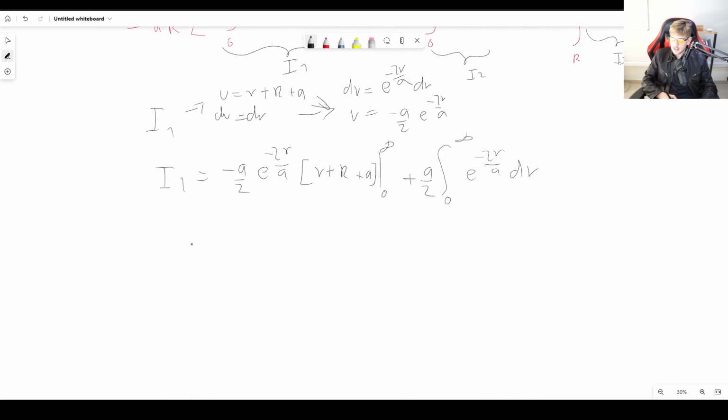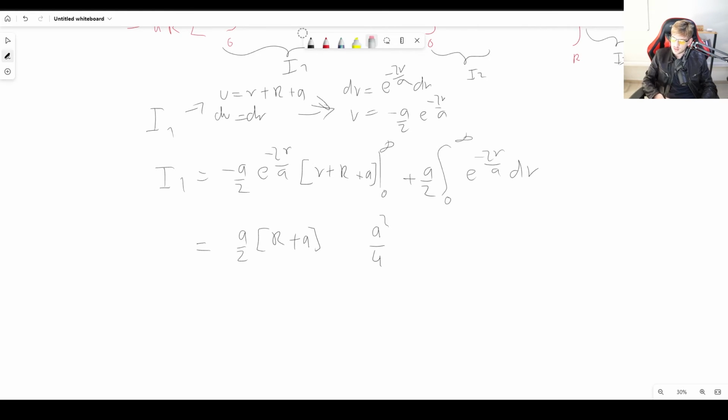Okay, now let's evaluate this. So at infinity it goes to 0, so we are left with when it's 0. So this is positive a over 2 and then big R plus a. And then we have this integral which will leave a minus a over 2, so we get a squared over 4 e to the minus 2r over a between 0 and infinity. But at infinity it is 0, so we only have the second part.